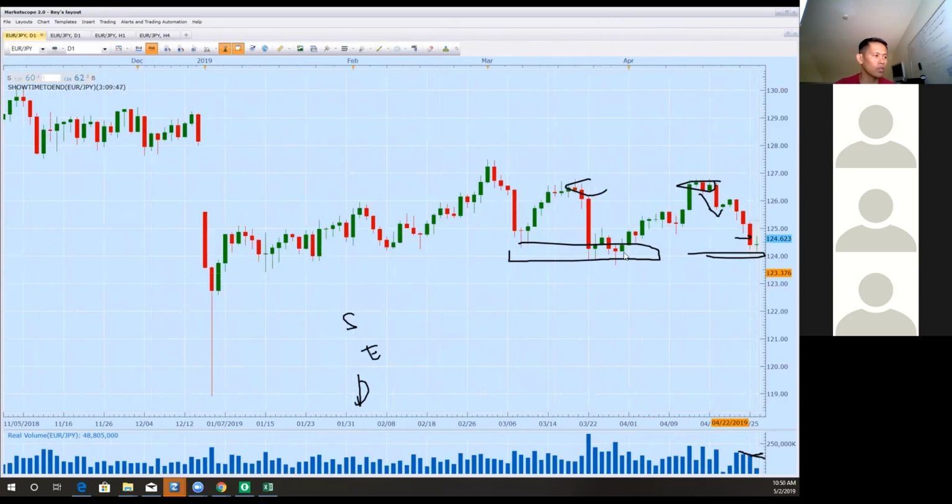When the doji forms, that is stability. The next portion from here is a correctional component or a continuation of the price to the downside, which is Newton's law number 2. Newton's law number 3 is an equal and opposite reaction, right?